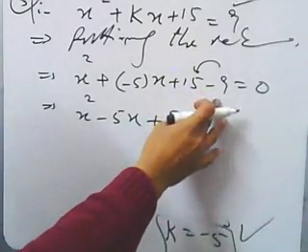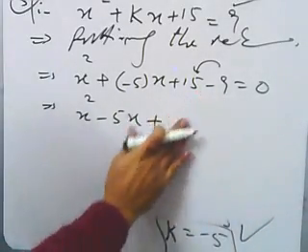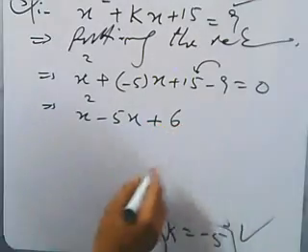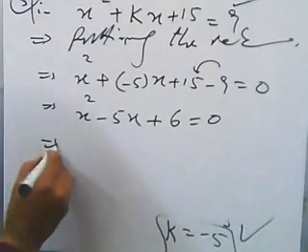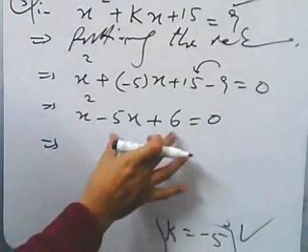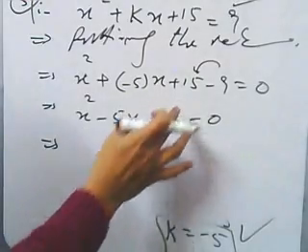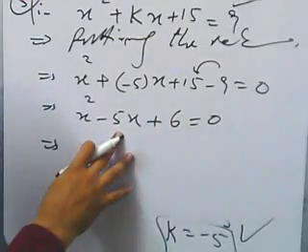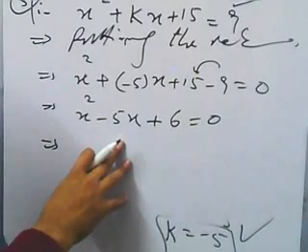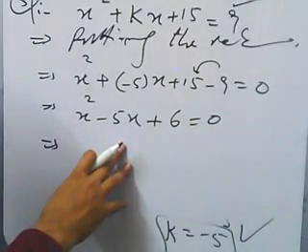So 15 minus 9, after minus you will get 6 is equal to 0. So make the factors in such a way that after multiplication you will get 6 and subtraction addition you will get 5.